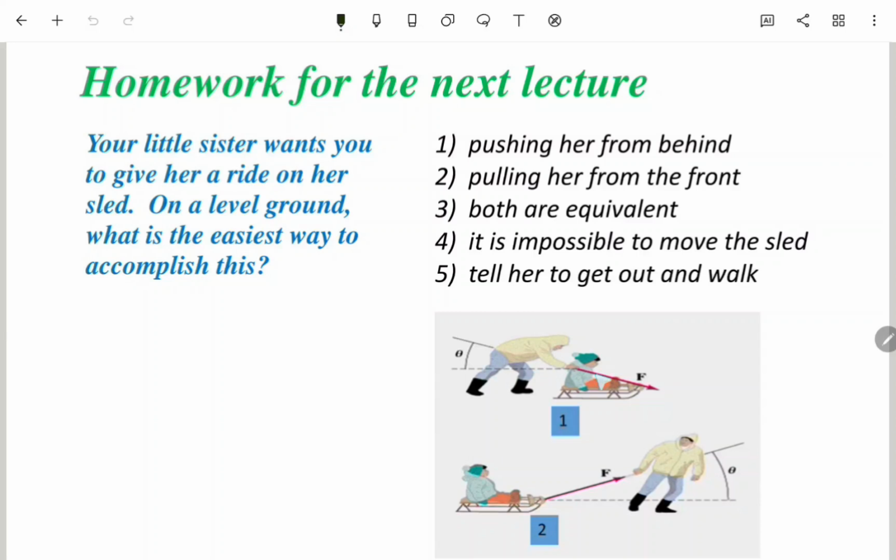Whether you push from behind, like this one here, or pull her from the front, both are equivalent. It's impossible to move the sled. Tell her to get out and walk. By the way, I wouldn't choose this option here. So think of this for the next lecture.